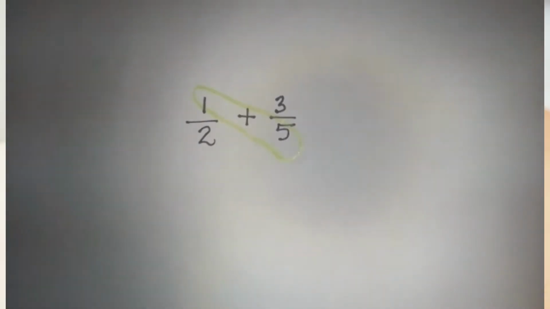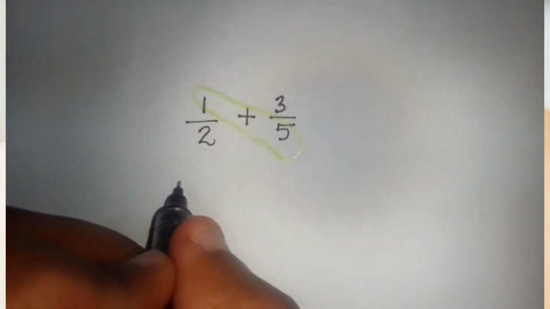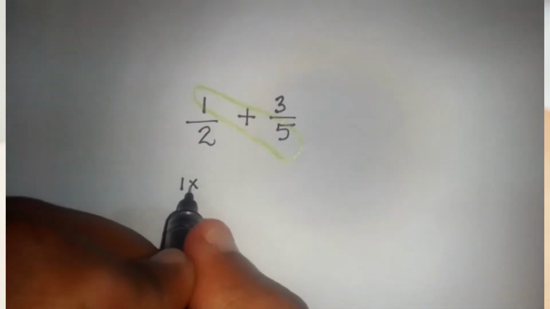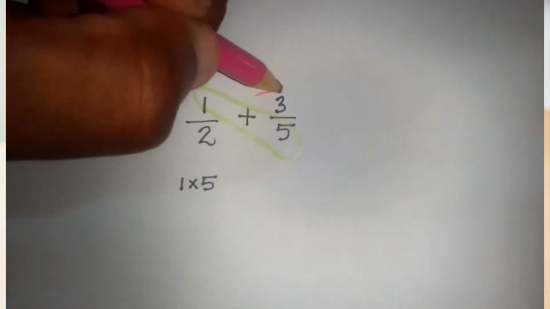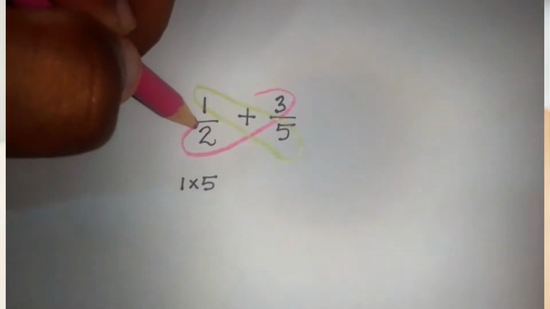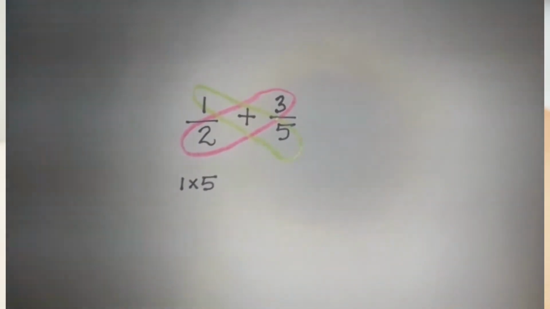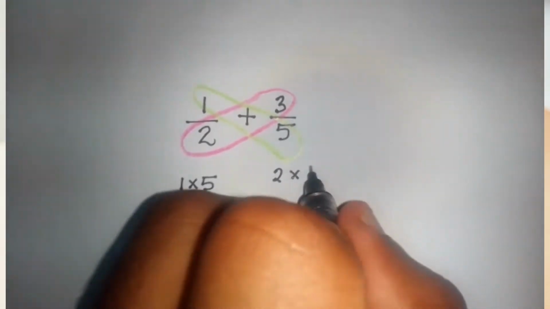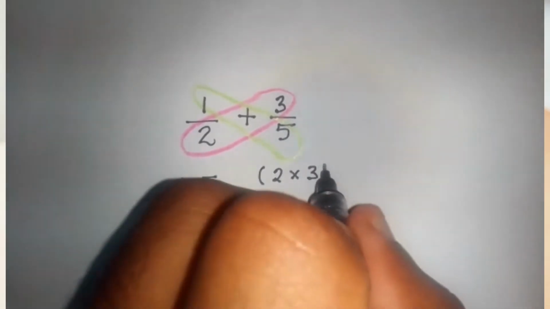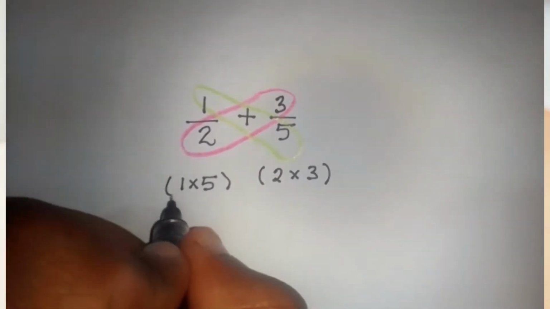With the 1 and the 5, I write 1 times 5. When I'm finished with that, I'm going to do the 2 and the 3. So I'm going to have 2 times 3, and I'm going to add them.